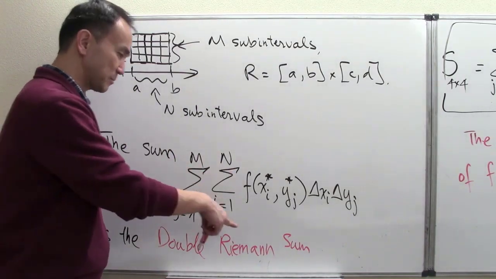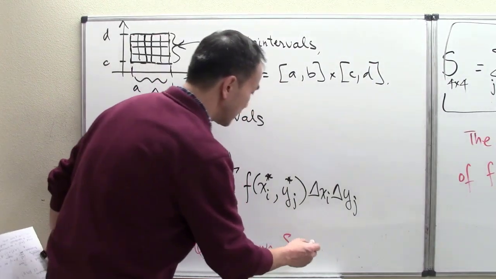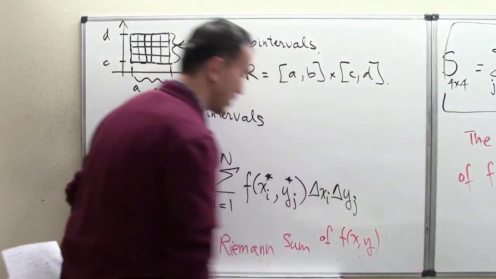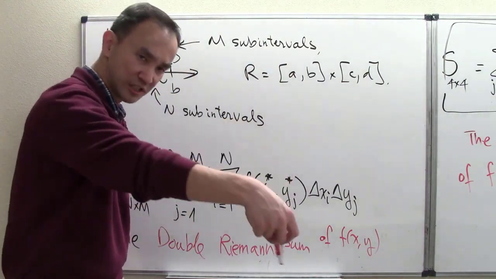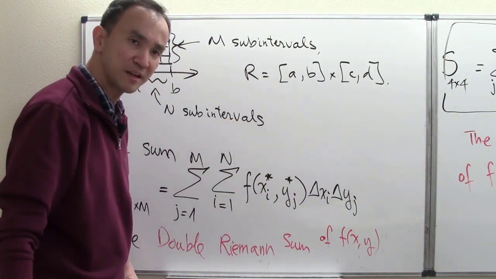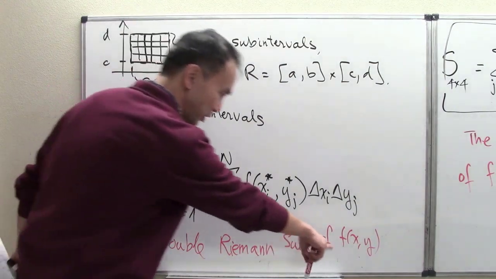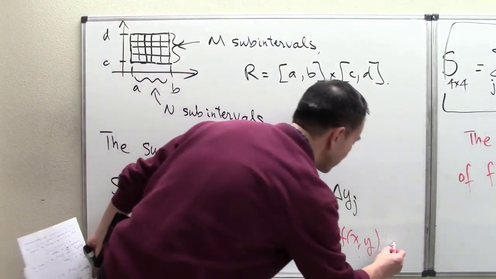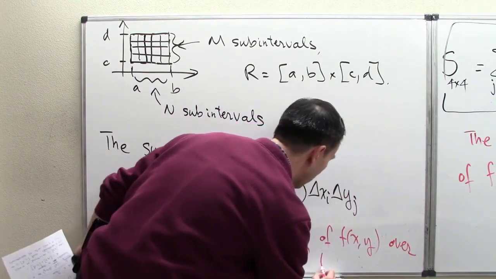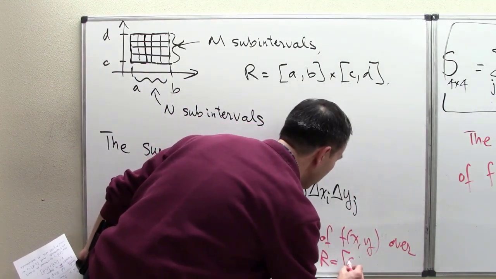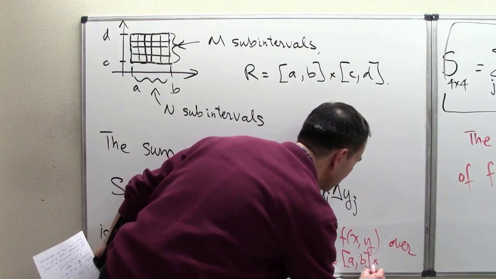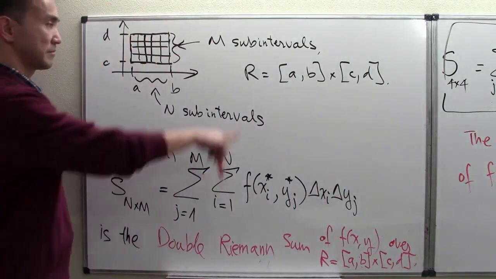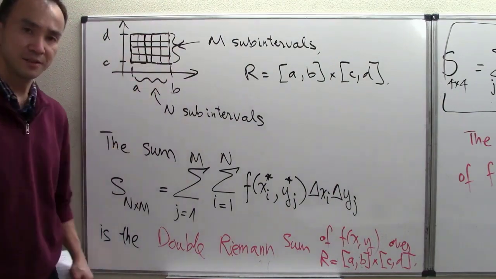Then we apply it to the function f of x comma y, whatever function that is. In our study it was the function 2 minus x squared minus y squared, but here it's generally for any two variable function over the region R from a comma b by c comma d, which is a rectangular region.